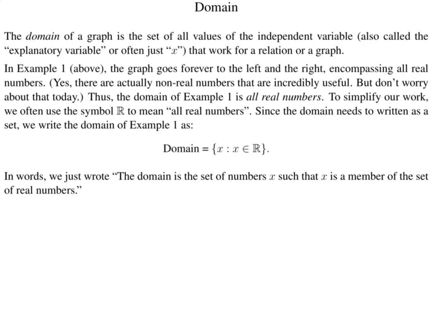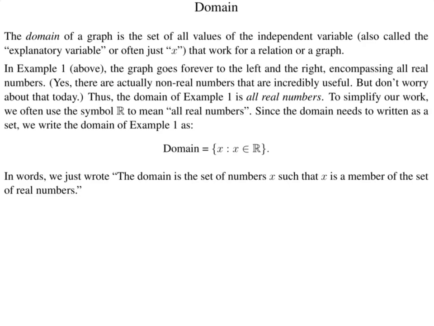In the example of that parabola, the domain, which is the x values, goes left and right forever, so we say it's all real numbers. There's a funny symbol for all real numbers, the double-struck R. To write the answer, it's {x : x ∈ R}.